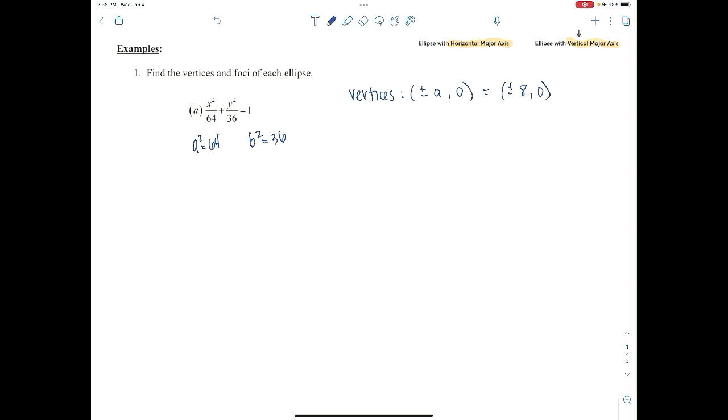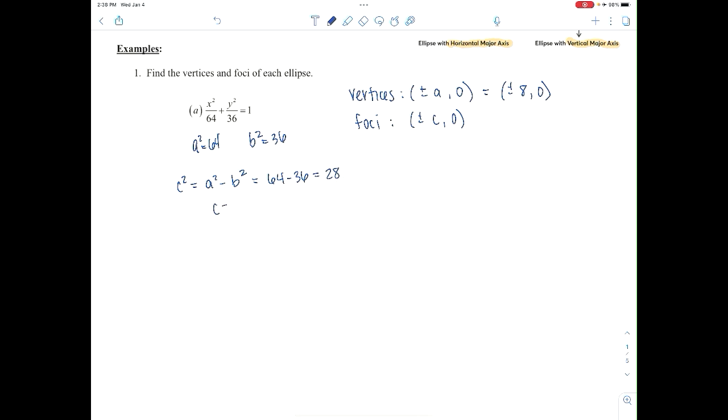For our focus points, we need the positive and negative c values. So we have a and we have b, let's find c. c squared is a squared minus b squared. That gives us 64 minus 36, which gives us 28.